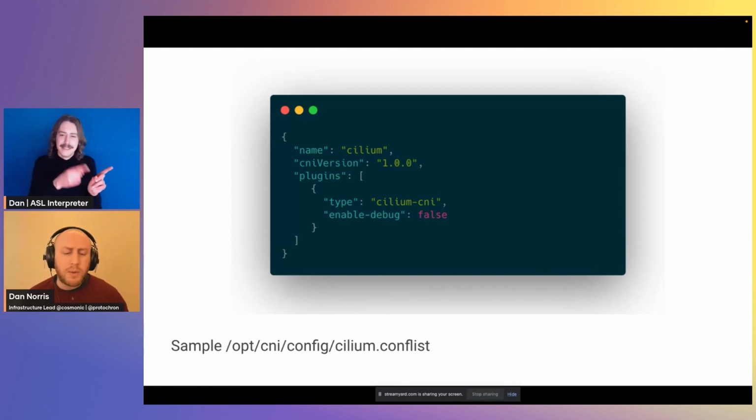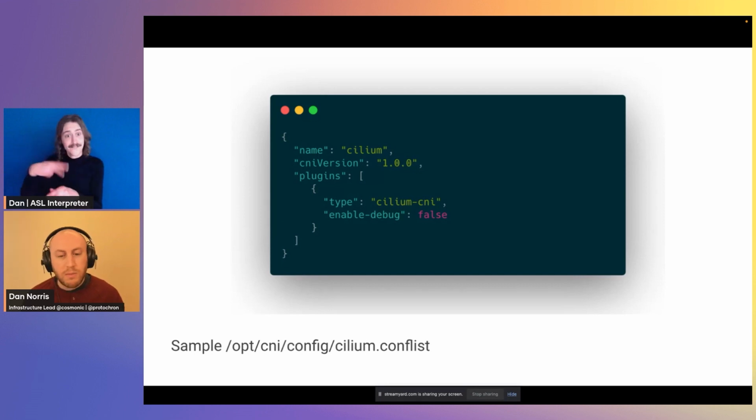So here's an example. If you have a Nomad system and you want to enable Cilium on it, you would go into /opt/cni/config and create a configuration list. In this case, I have a file called cilium.conflist. The name is cilium. I declare the CNI version outright, so 1.0.